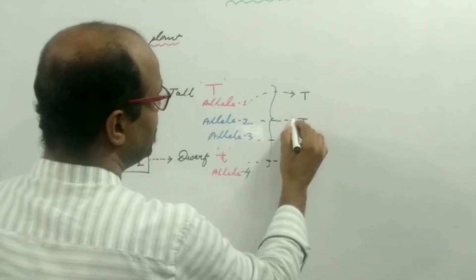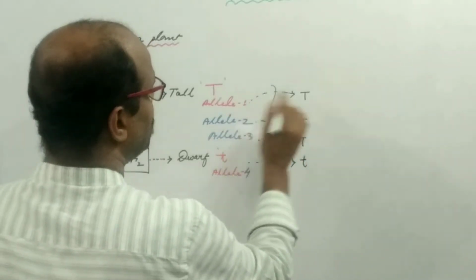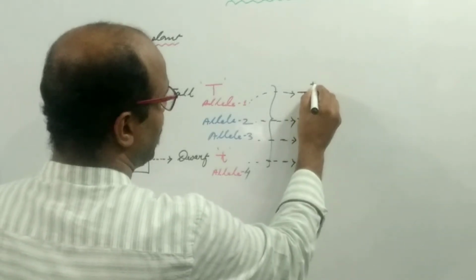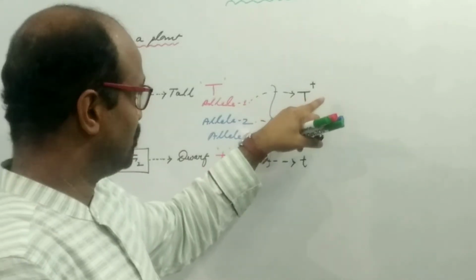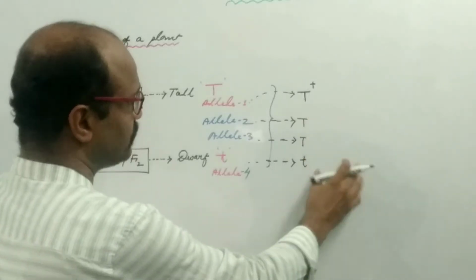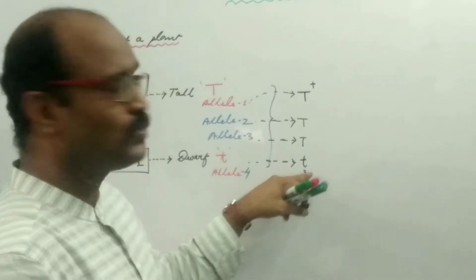And these are the in-between forms, the two middle forms. Suppose allele 1 is dominant to all, that's why I represent it as T plus. T plus means it is wild type, it is dominant to all. And this is the small t, which means it is recessive to all.